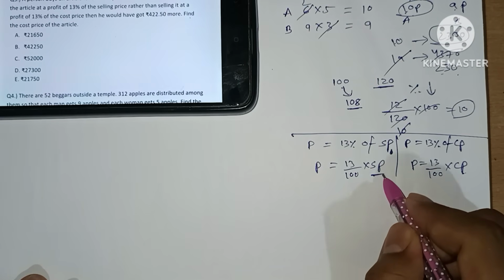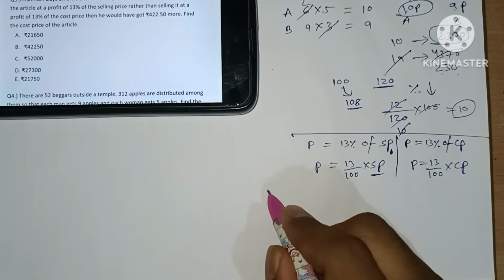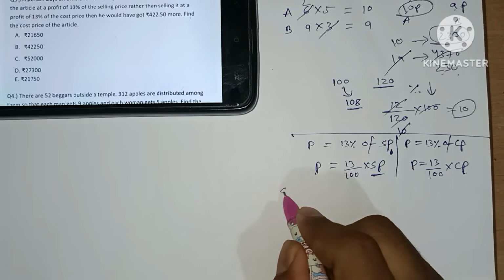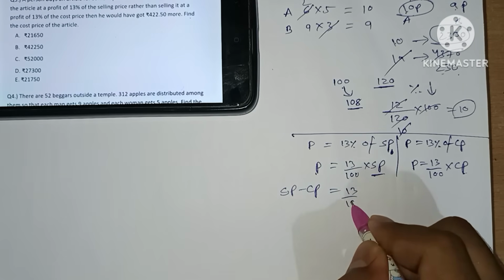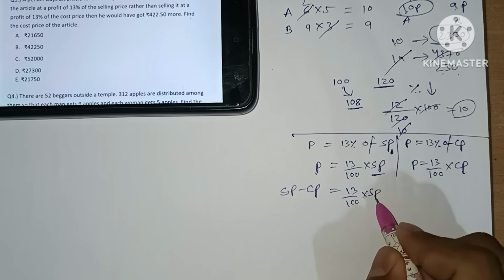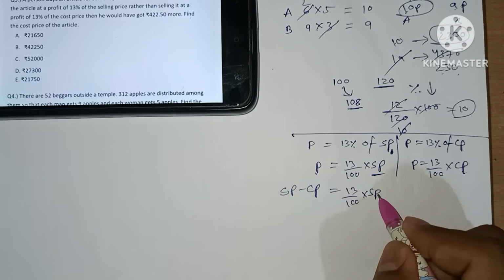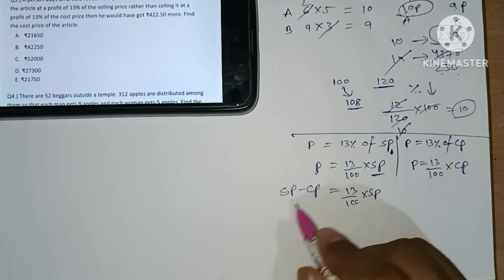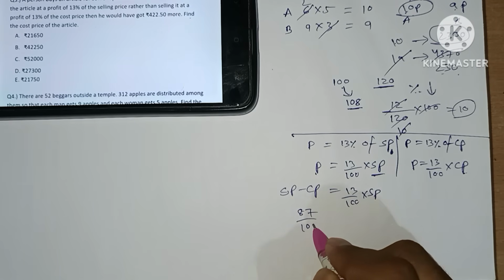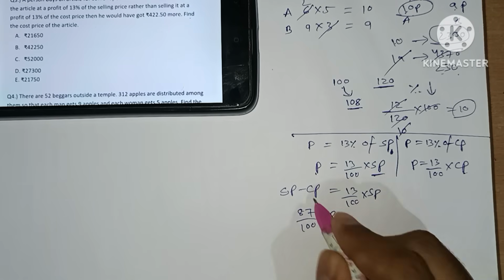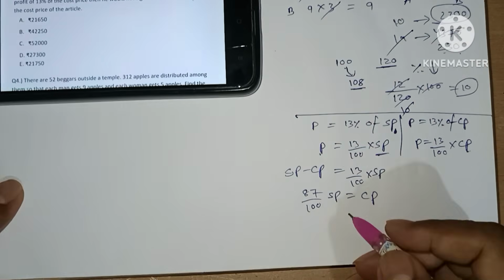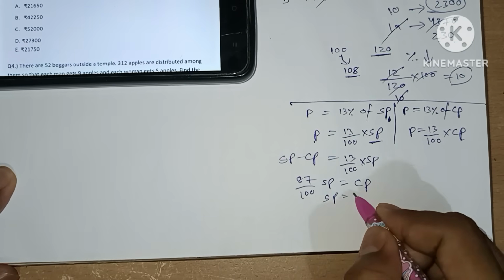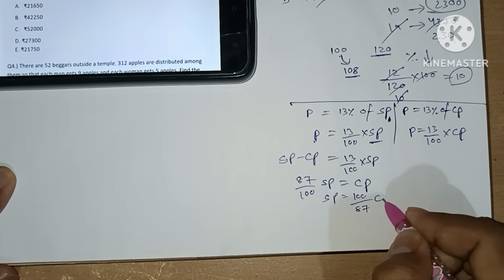So converting this into CP: we know that profit equals selling price minus cost price, which equals 13 divided by 100 into SP. So SP goes to this side: SP minus 13 by 100 SP, which is 87 by 100 SP, equals CP. So SP will be 100 divided by 87 CP.